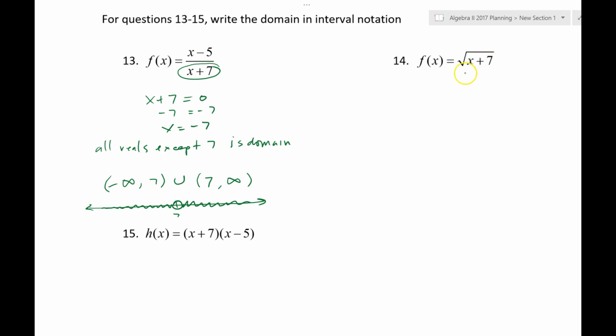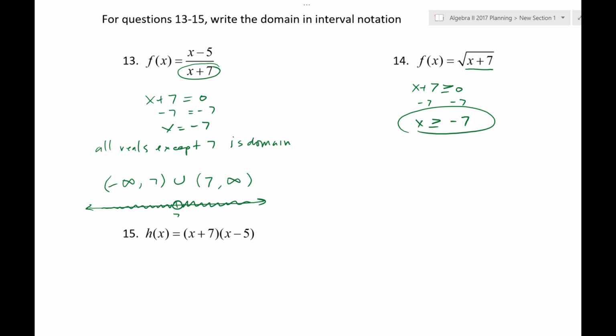So in order for this to be valid, x plus 7 has to be greater than or equal to 0. It needs to be a non-negative number in order to not be illegal. And so if we solve that little inequality here, we get x is greater than or equal to negative 7, and that will be the allowable inputs for the domain.